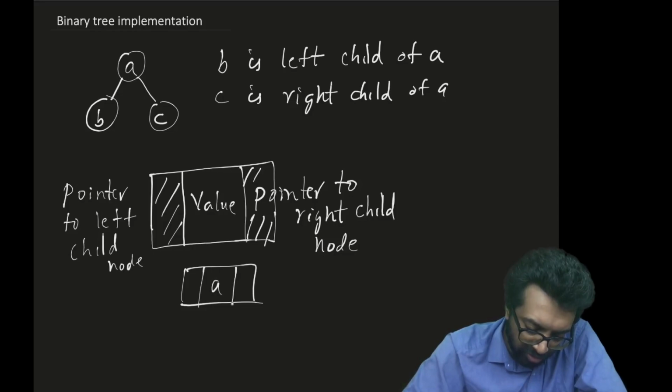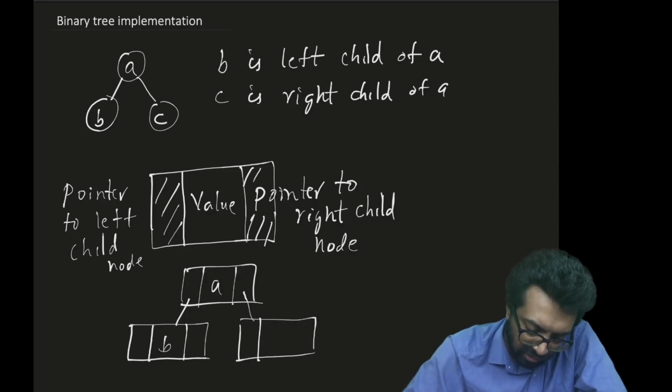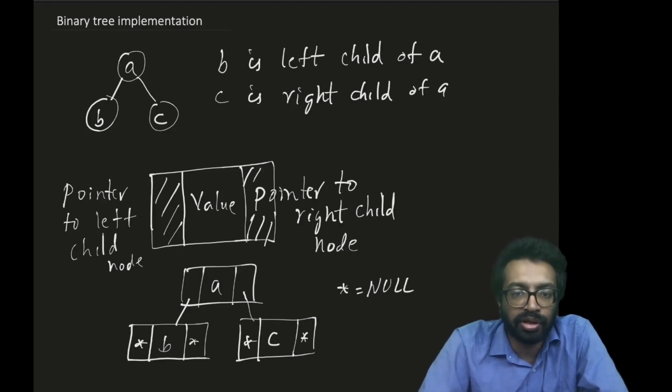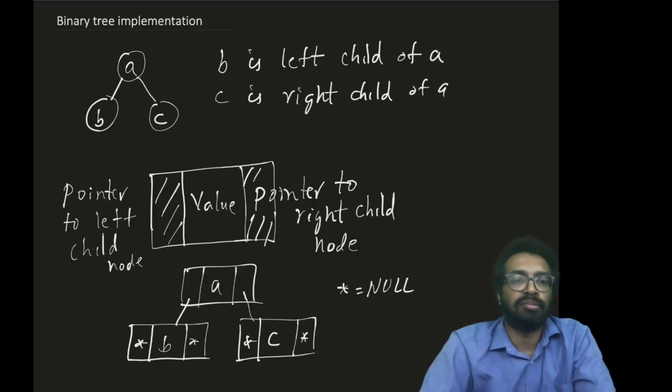The A is going to be in the middle, and this is going to point towards a node which has B here, and similarly for C. And all the pointers in the child nodes are going to be null, right? The leaves do not have children, and therefore the pointers will be pointing to null. This is how you can represent a binary tree.